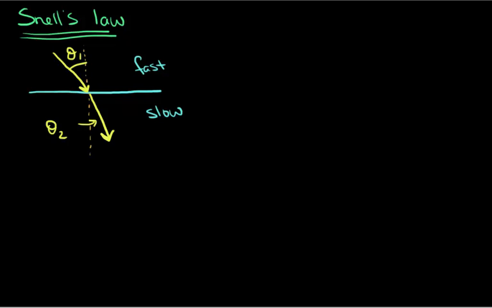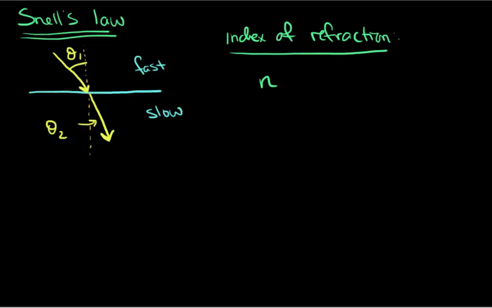And in order to understand Snell's law, you have to know about something called the index of refraction. So the index of refraction is related to the speed of a wave, and the way we define the index of refraction n is that it's equal to the speed of light c divided by the speed of light in the material.